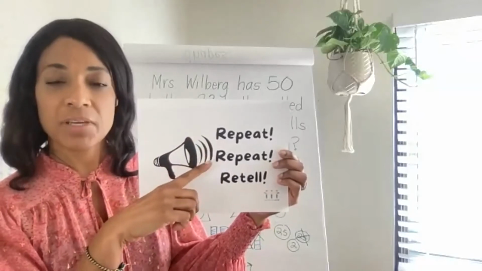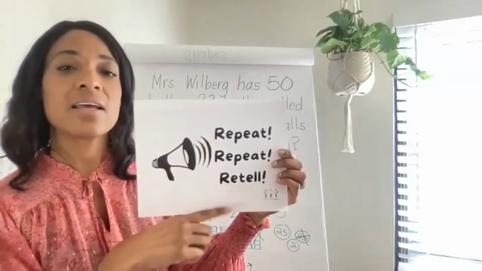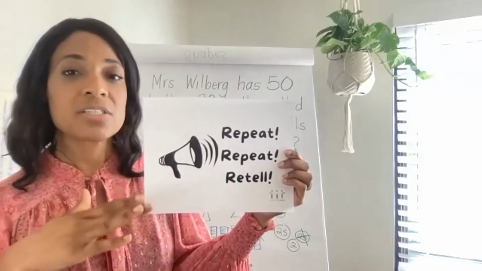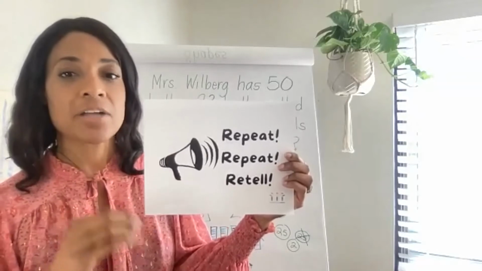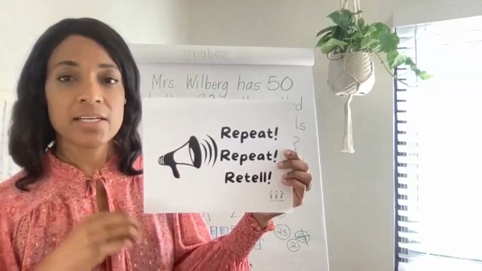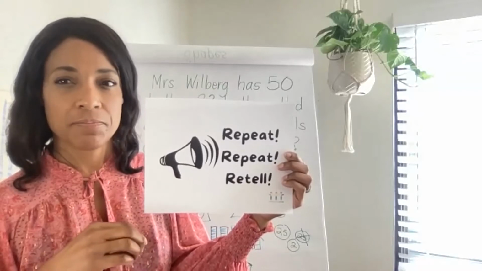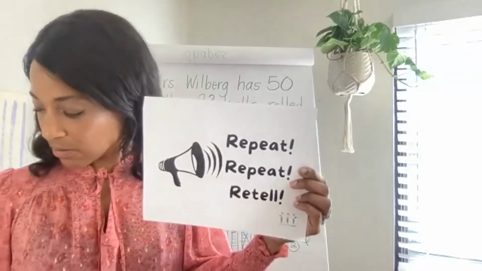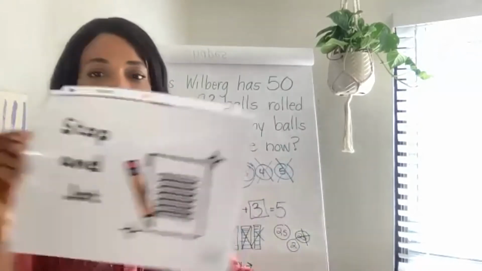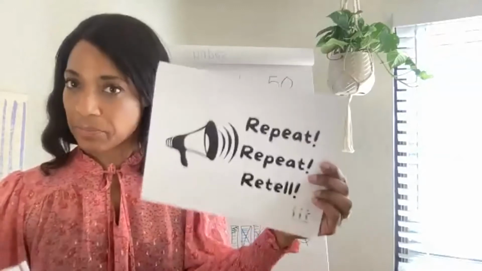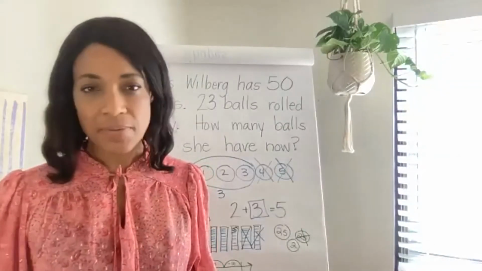Reading, having them repeat, and then retelling the whole problem, including the details. You're going to notice that over time, it's going to get much better. Their ability to comprehend and retell is going to get much stronger. Does this make sense so far? So before they can stop and jot, they've got to be able to listen and repeat. Questions about that?